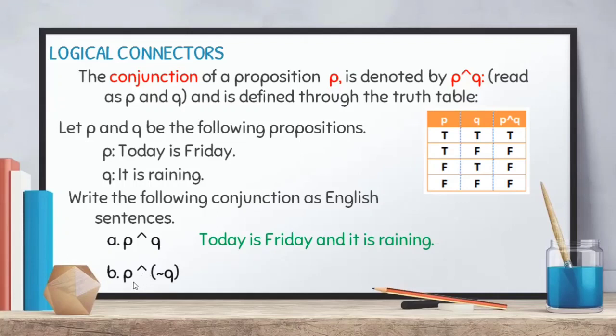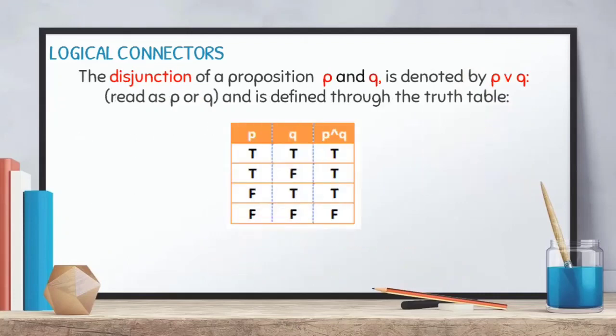So if we're going to write this using our English sentence, it would be today is Friday, our proposition P, followed by our and, then our negation Q, which is it is not raining. All right? Any question with our conjunction? None. So now let's go to the next one.